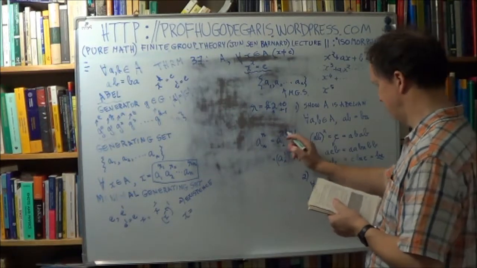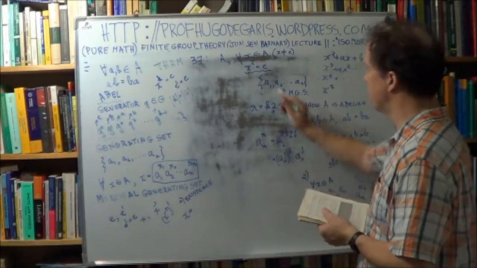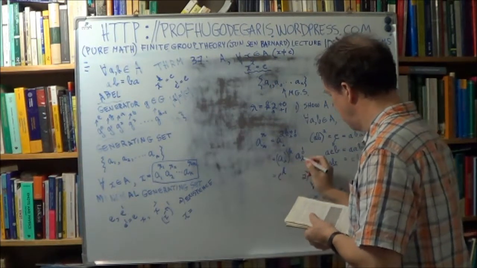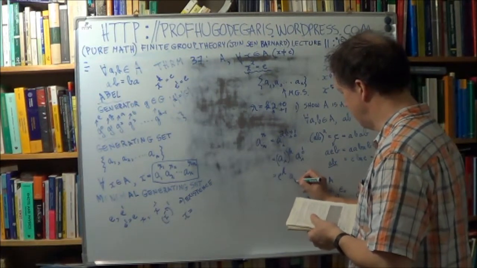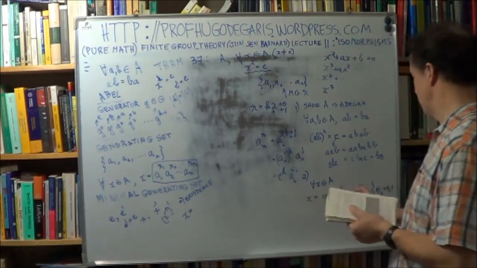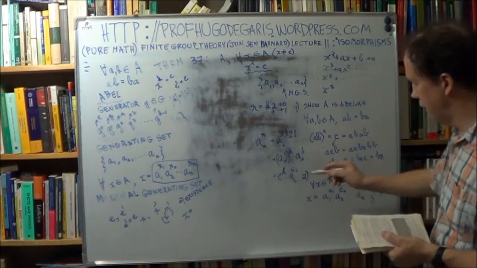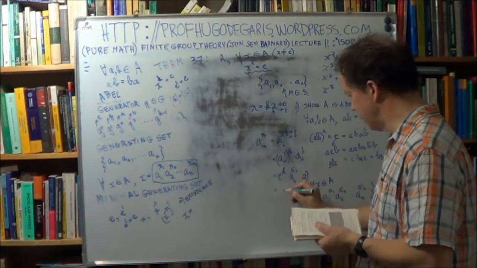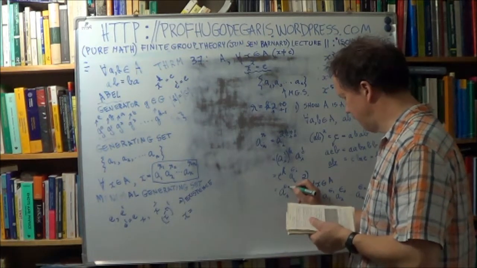This is just exponents. Now a_i squared is e, so this is just e to the k, and this here is a_i to the epsilon_i. We call that epsilon_i, which takes the value either 0 or 1. Now e to the k is just e, so what you're left with is a_i to the epsilon_i.